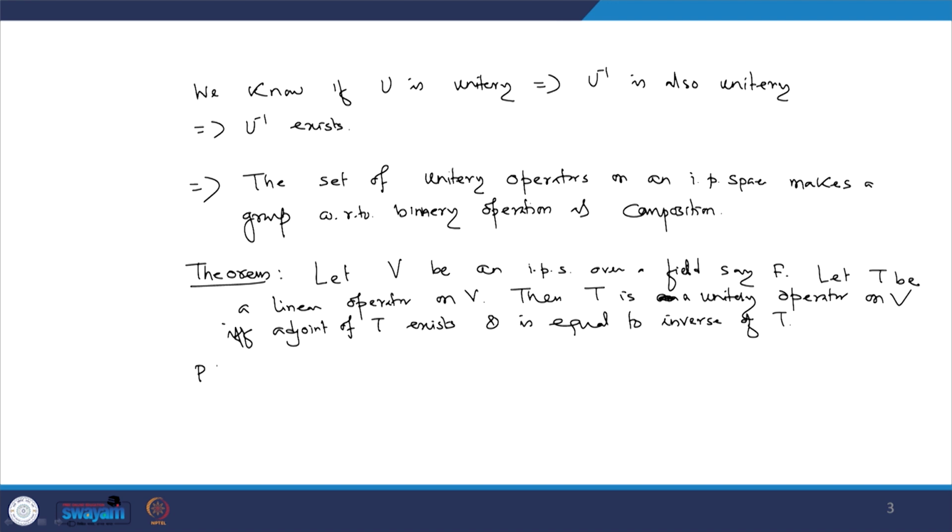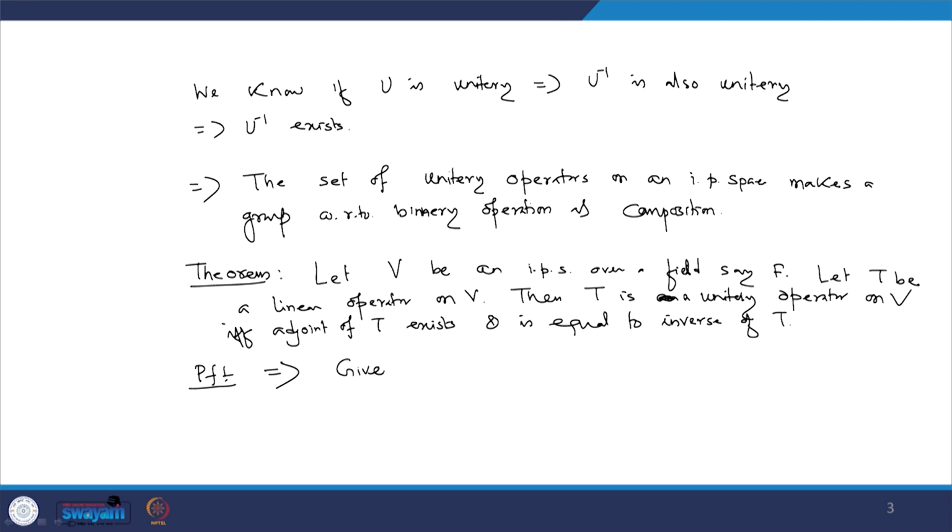So, let me give a quick proof of this small result. Here I am not talking about V as finite dimensional or infinite dimensional, I am taking V as an inner product space. So, let us see whether the finite dimensional concept is required or not to prove this result. Let us first consider the if part.